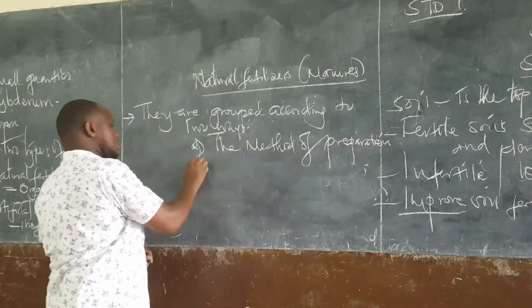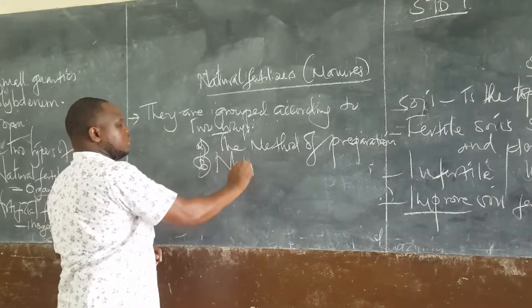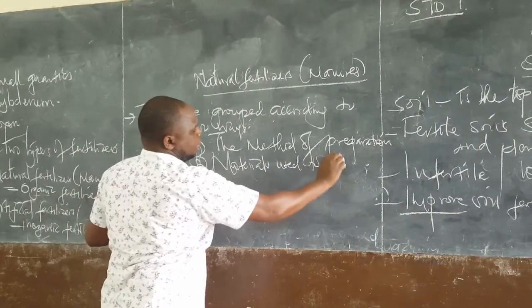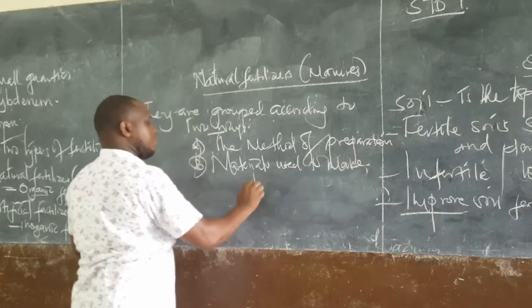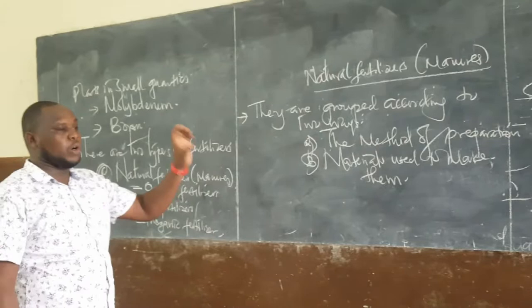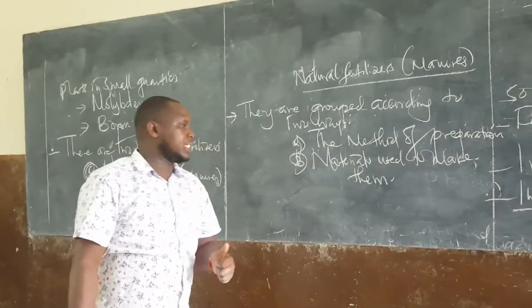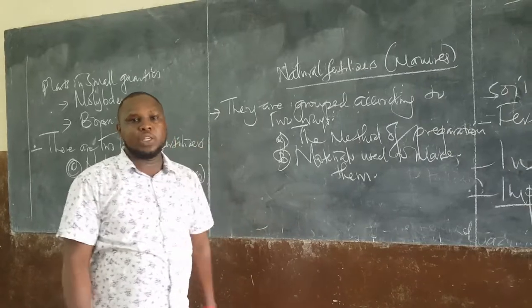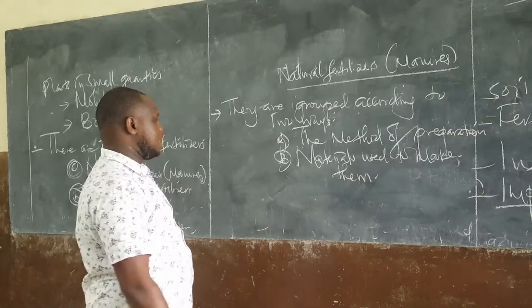Then we have the materials used to make them. So natural fertilizers are grouped into four, depending on the method of preparation and materials used to make them. So we are going to see four categories of natural fertilizers.